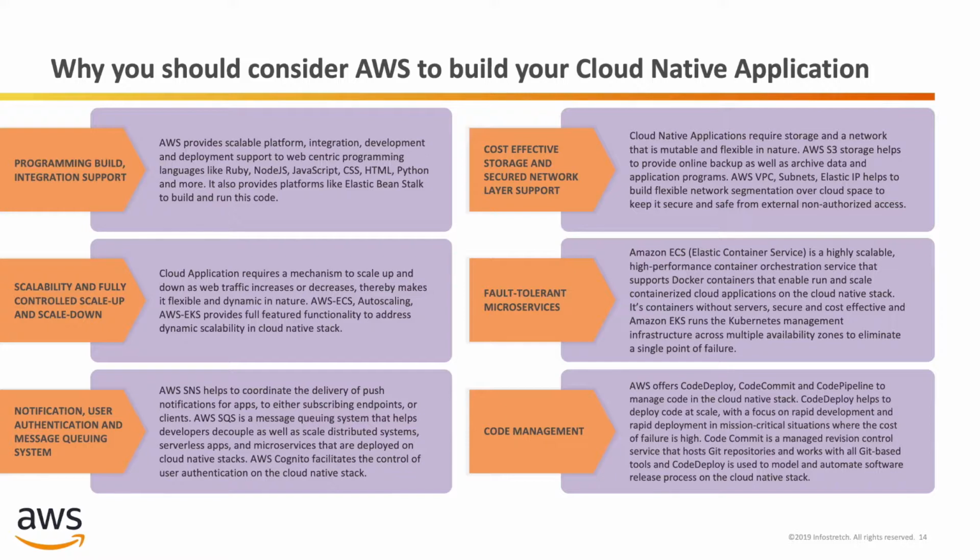For networking, there's Amazon Virtual Private Cloud, VPC, using which you can provision a logically isolated section of the AWS cloud where you can launch AWS resources in a virtual network that you define. Next, we also have a complete set of tools to automate code builds. We have CloudFormation, CodePipeline. For deployment, there's CodeDeploy. And for API management, there's Amazon API Gateway. Josh, if we can go to the next slide.